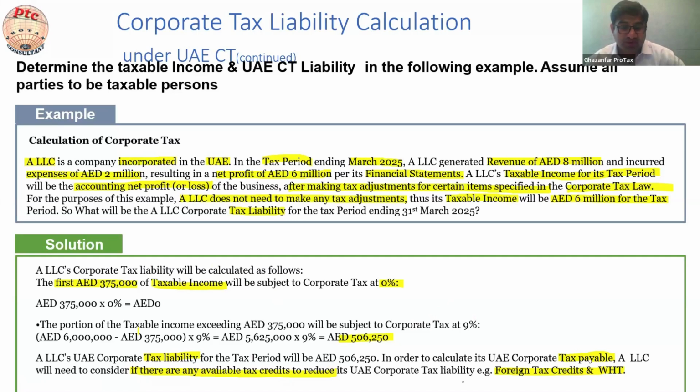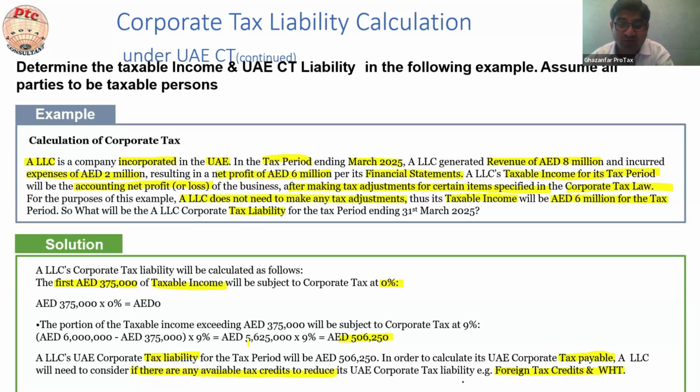But later, once we have the tax liability, we have to see how much tax we paid in the foreign country. That is our foreign tax credit. So if we already paid the 10%, the same amount we will reduce from the tax liability.